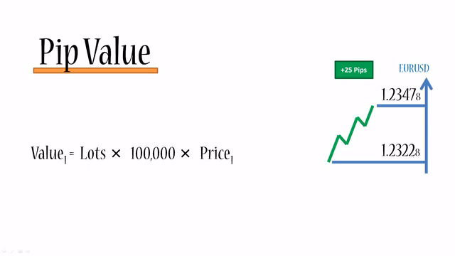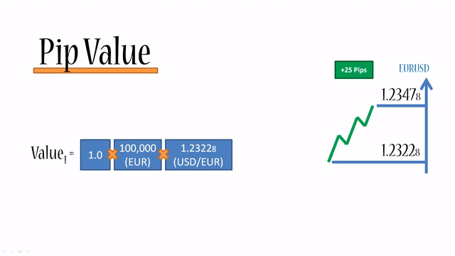We'll look at an example where we bought one lot. So one lot times 100,000 euros times 1.23228 dollars per euro. And that gives us $123,228.